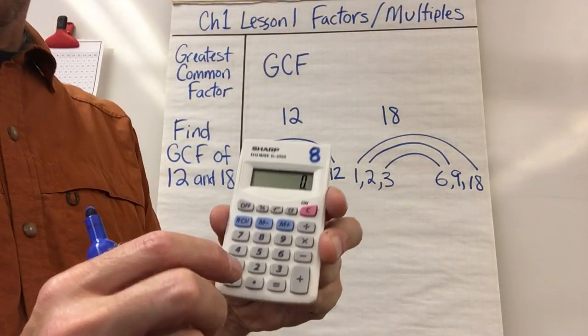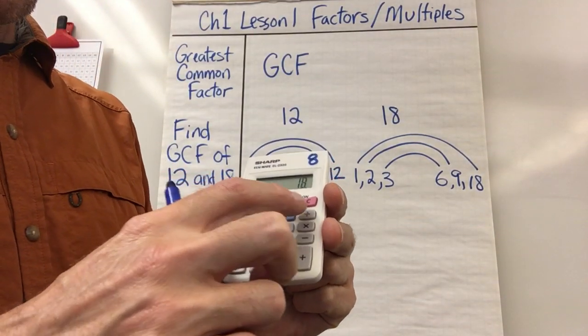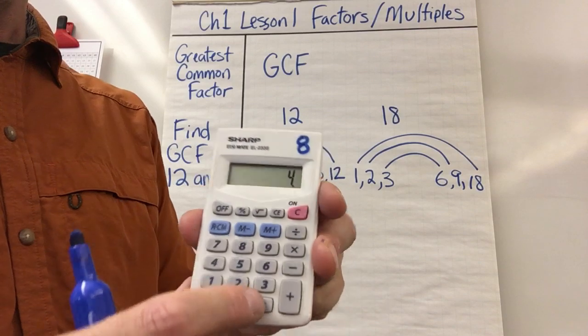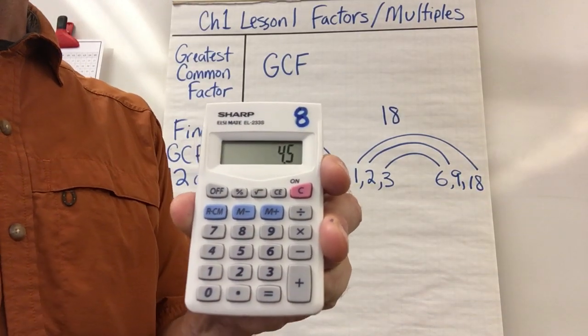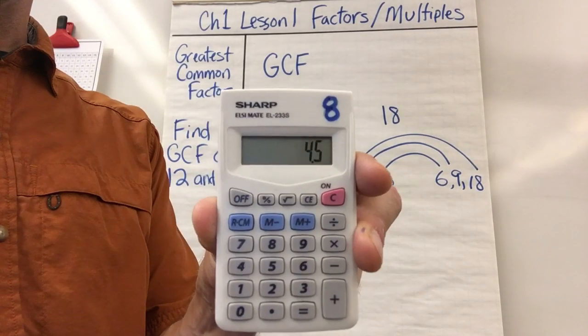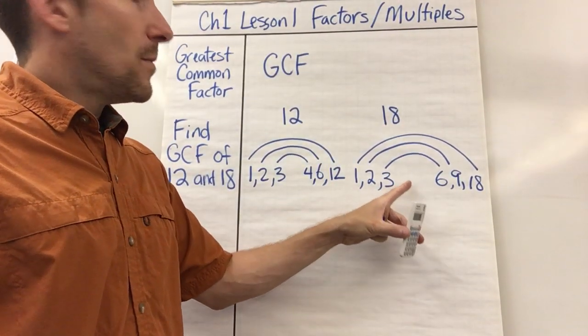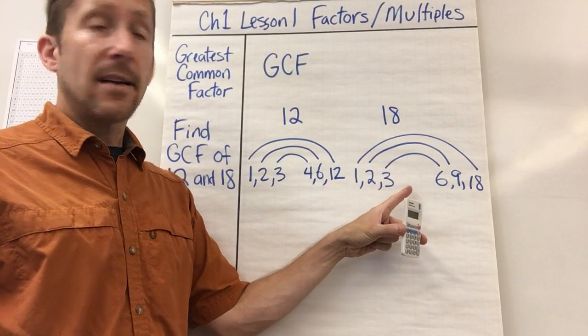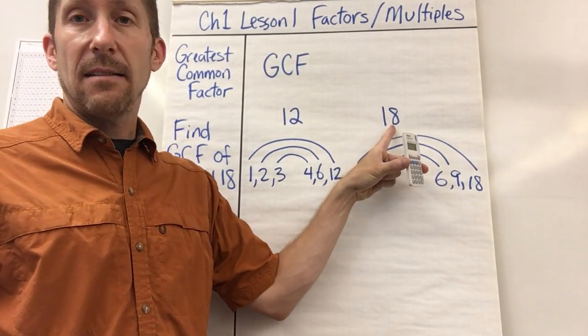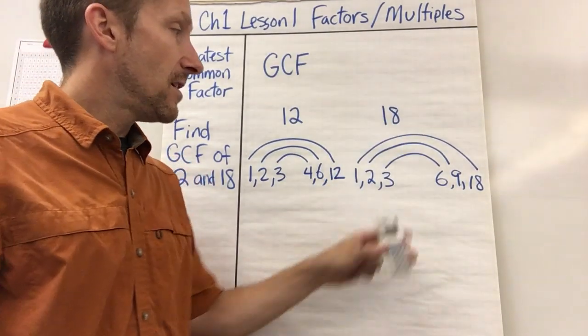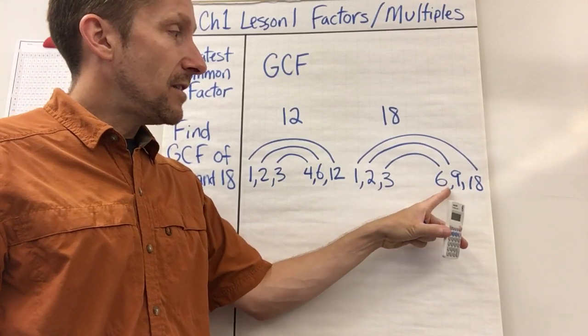If you're not sure, 18 divided by 4, and my answer is 4.5. I get a decimal. Throw it out. No good. 5. Most kids can tell 5 is not going to work because it has to end in a 0 or a 5. 5 is out. 6, I've hit the other side.